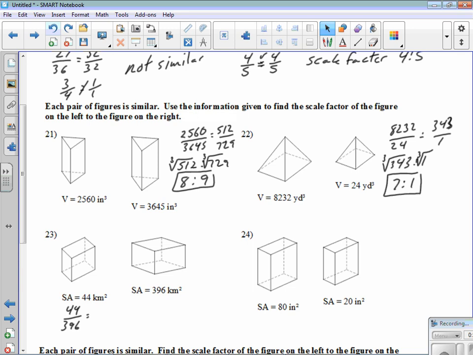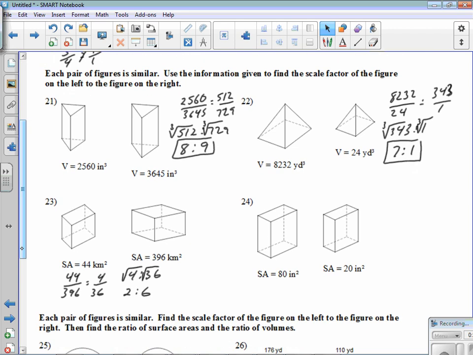So that reduced to be 4/36. So our ratio is 4 to 36. And these are, this time, our surface areas. So we know that the ratio of the surface areas is the square of the scale factor, or to get the scale factor we have to take the square root of those to give us 2 to 6.